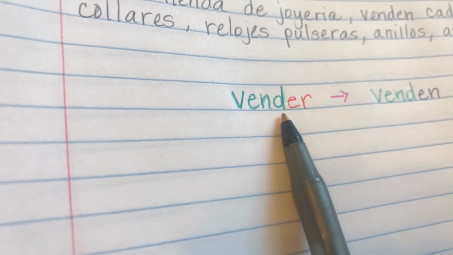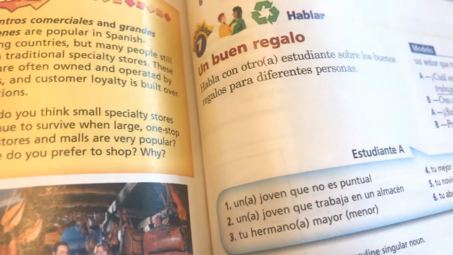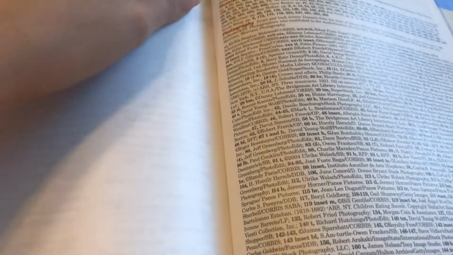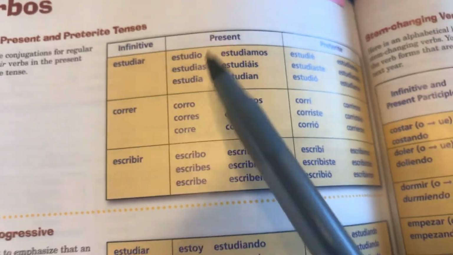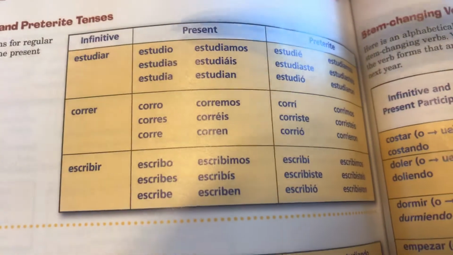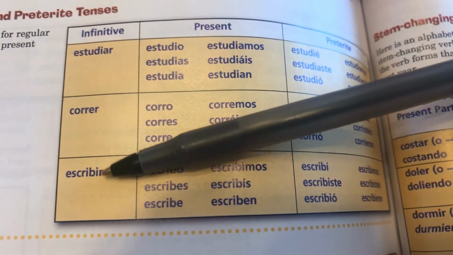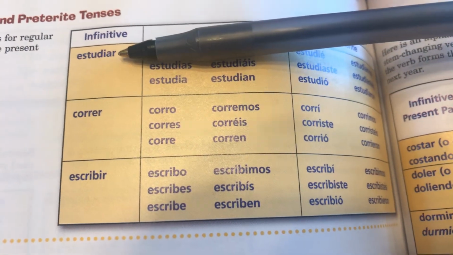And there's actually, if you go to the very back of your book, if you go to page 478, there's a great chart here on 478. And you have your three infinitives that end in IR, ER, and AR.